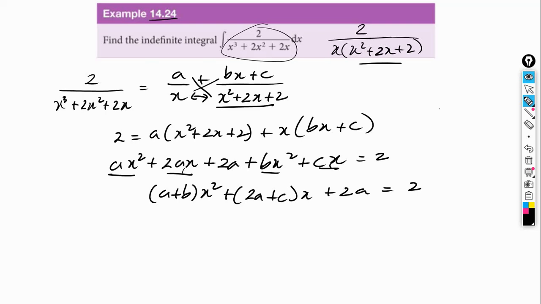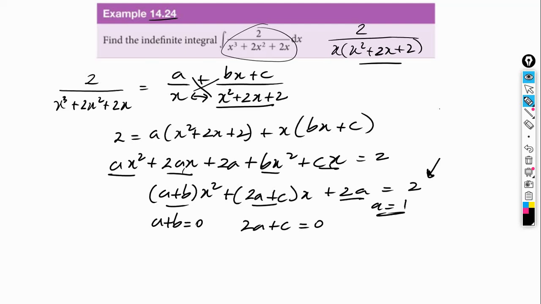So notice that this here does not have any terms that are quadratic or linear, but only constant. So we get that from here. This implies that a is definitely going to equal 1. We also have these cases here. They have to cancel out. So that means that a plus b must equal 0, and that 2a plus c must also equal 0.